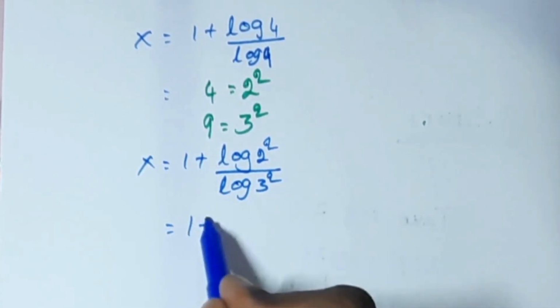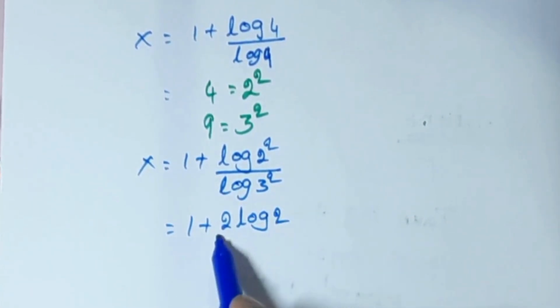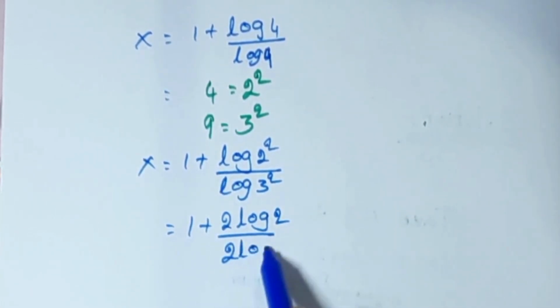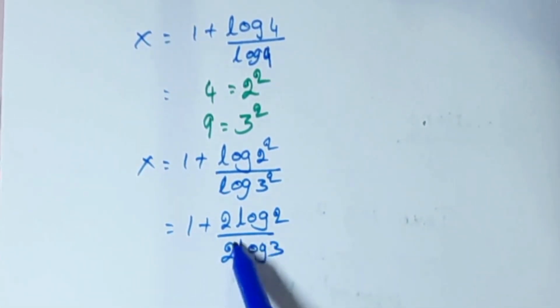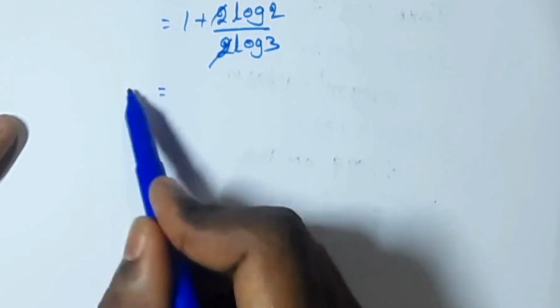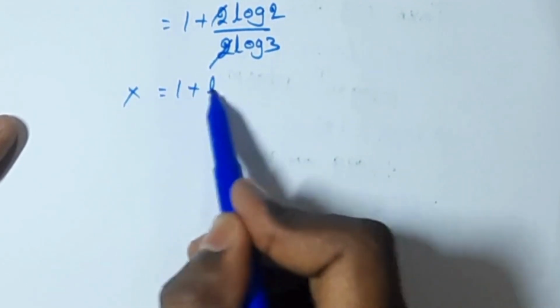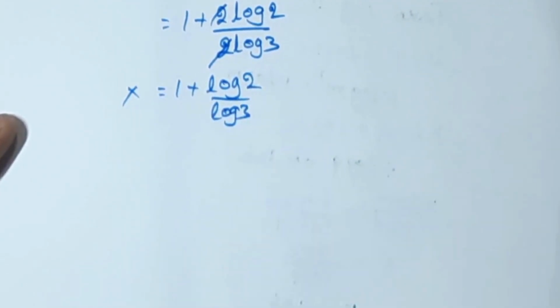Now 1 plus 2 log 2 by 2 log 3. We applied the power log formula here, so this 2 and 2 cancel. So x equal to 1 plus log 2 by log 3.